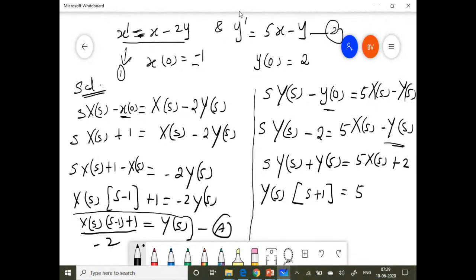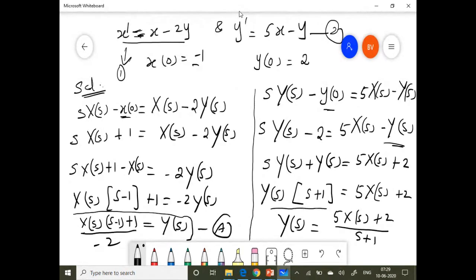The right side is 5 times x of s plus 2. Now what is y of s? 5x of s plus 2 over s plus 1. This is b. This result is b.